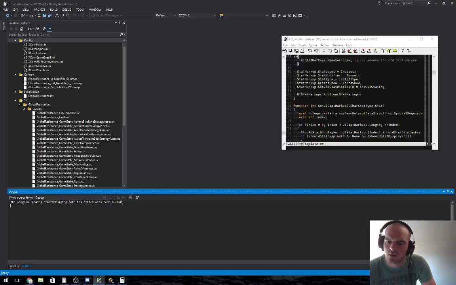Alright, so we pick up the template and then we do stuff with it. That's the basic principle. So strategy asset, global strategy asset template. That's the one. Strategy asset.uc. We've got a function for picking up the template, so we get my template.